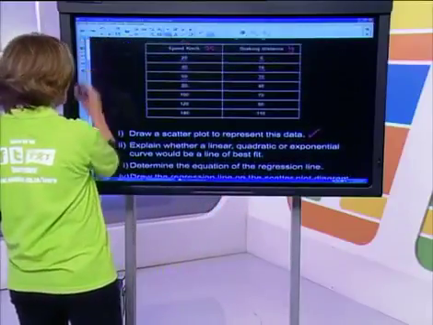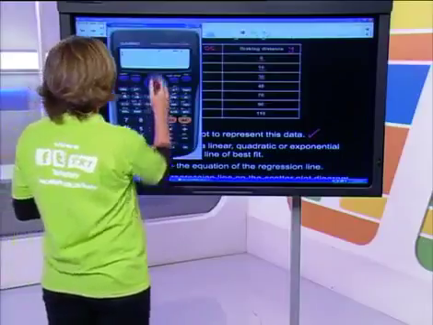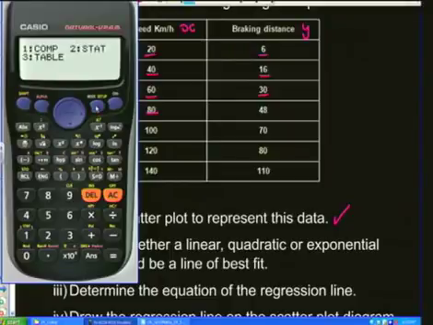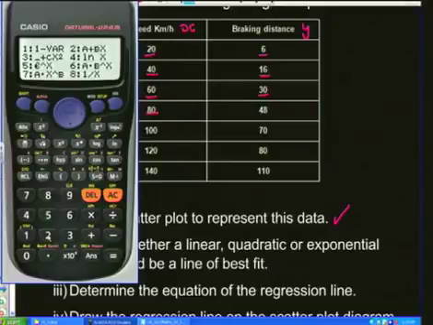We need the data in front of us. Right, are we all watching carefully? The first thing we're going to have to do is say mode and then press 2 for stat. Okay, so we've got that on our calculator. And the button that we need to press to get this linear line of regression is button number 2.